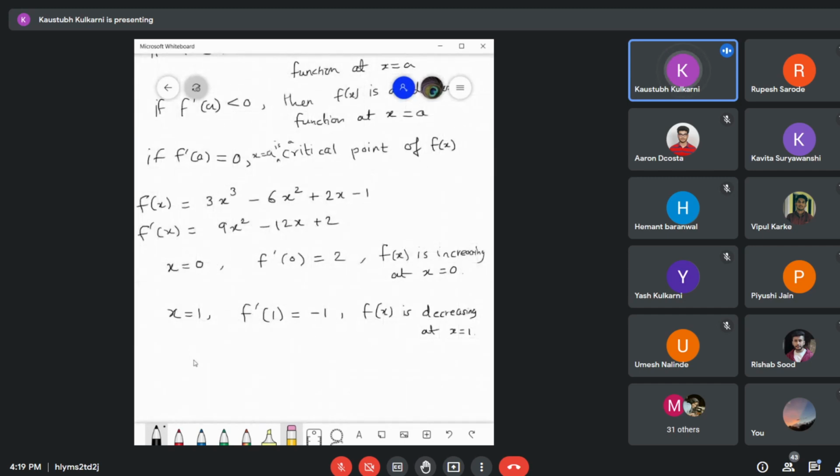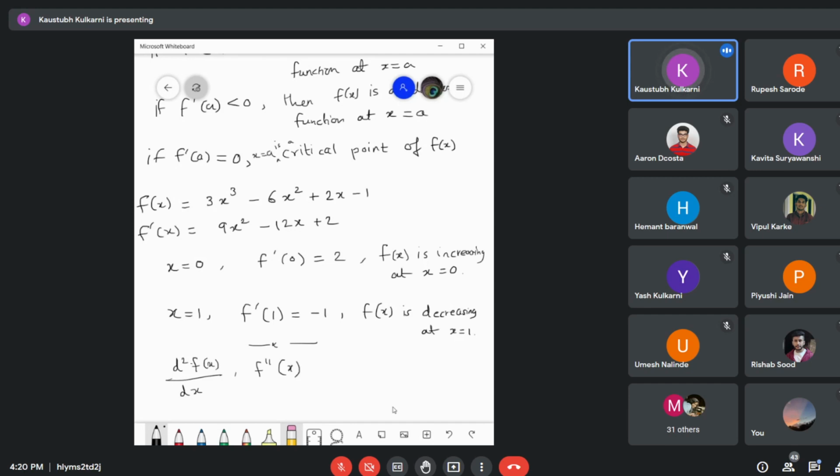Now we go on to the second derivative. Okay, so the second derivative of the function is d2f by dx square, or f double dash of x.